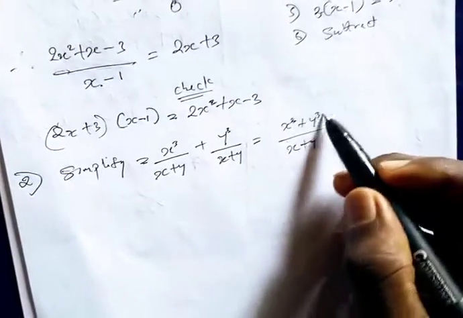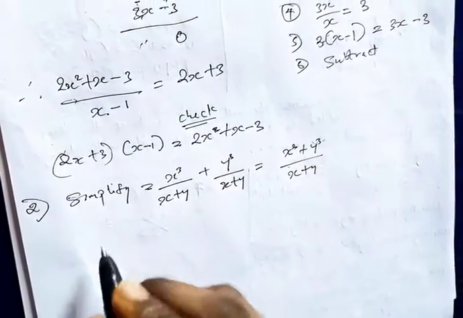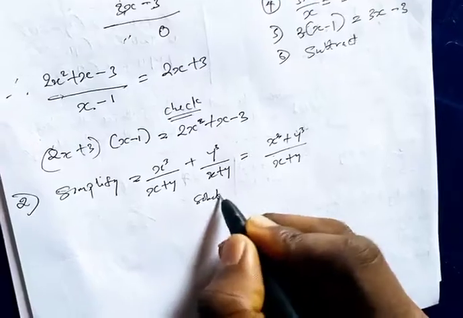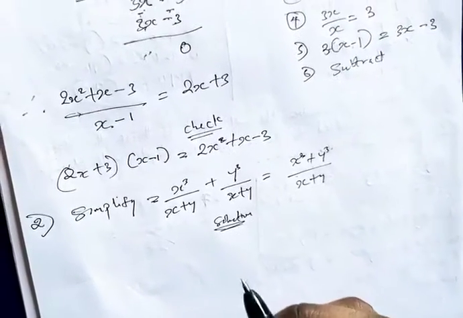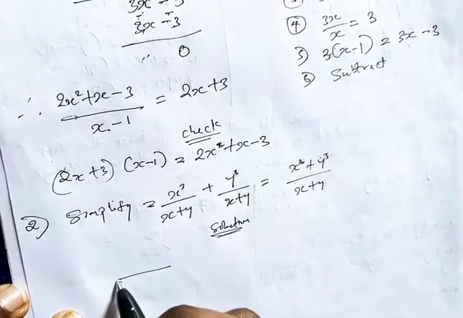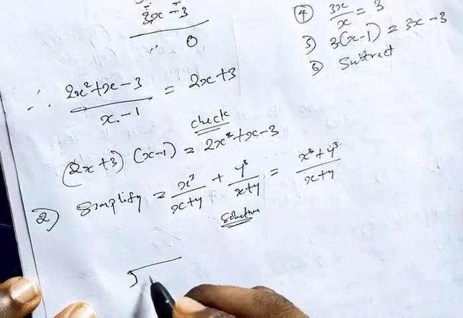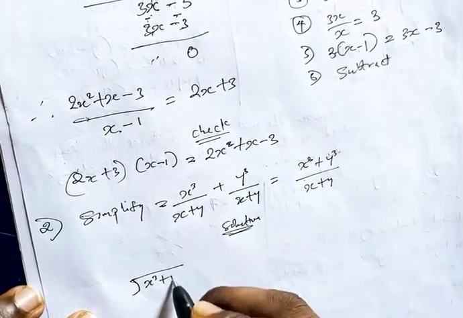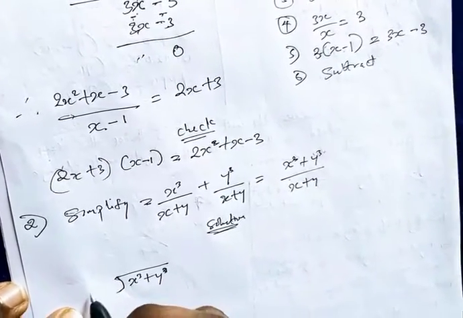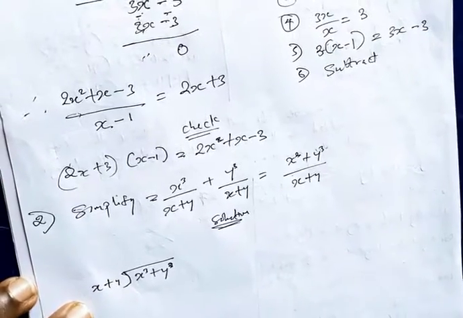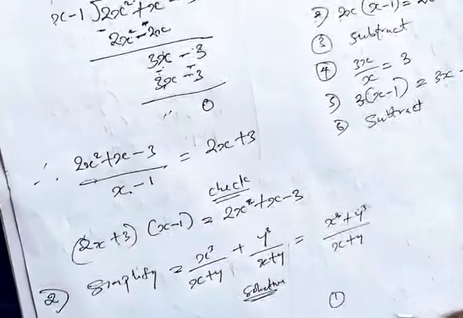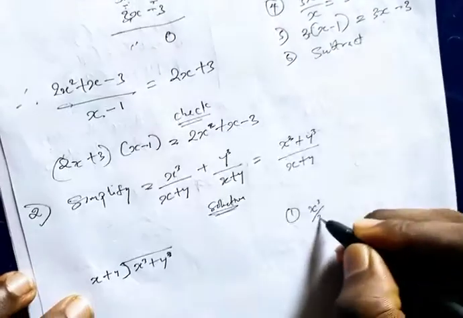And now this is our dividend and this is our divisor. So solution, x cubed plus y cubed divided by x plus y. Now first step is to say x cubed divided by x, just like I did in this other one here.